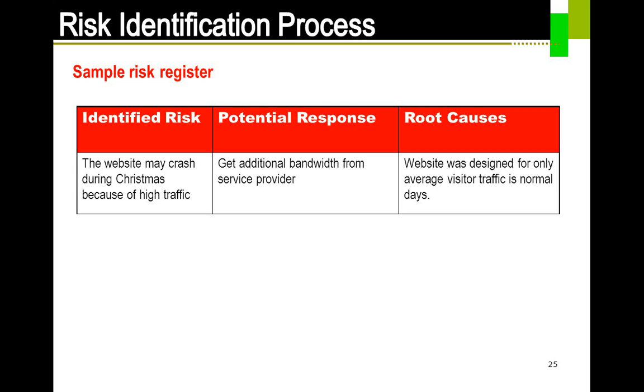That's a risk to the website itself. So you can see, get additional bandwidth from the service provider when you are able to foresee the risk. You would be prepared. You would speak to your service provider and say that during the period of Christmas, maybe from December 15th to January 1st, I would like to have additional bandwidth of 10 times what I have. Then you will be able to mitigate the risk.